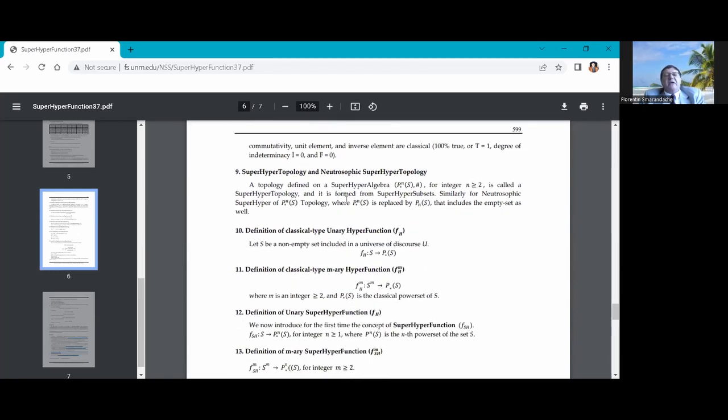And in the same way, we can define the super hyper topology and Neutrosophic super hyper topology, using, instead of the power set of an element of a set as in topology, the power set of power set and so on, power set of index n of S, together with some given operation.